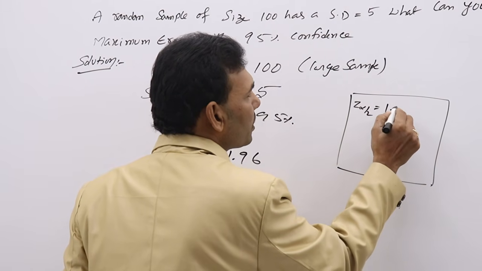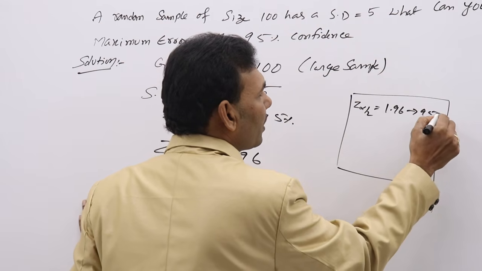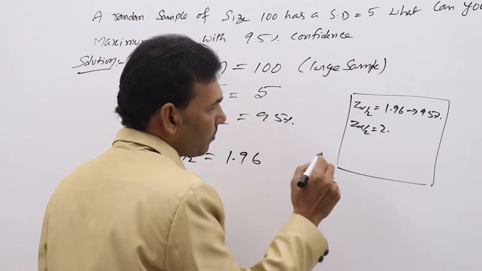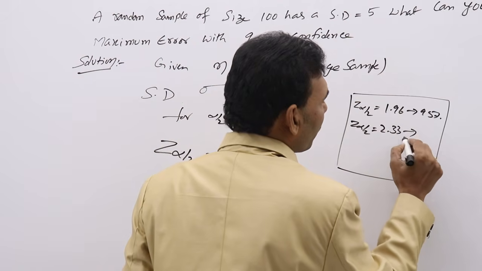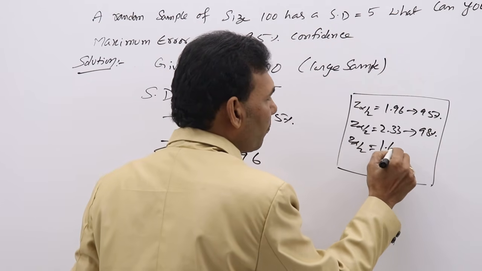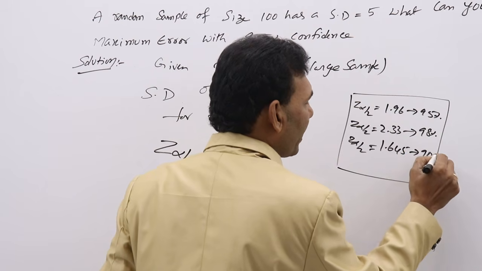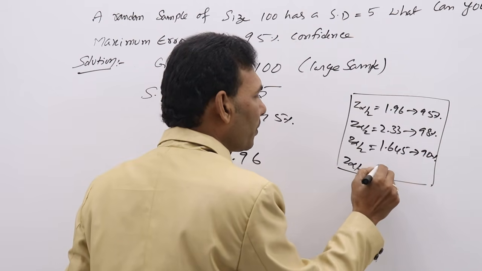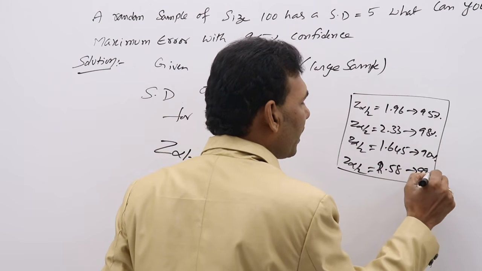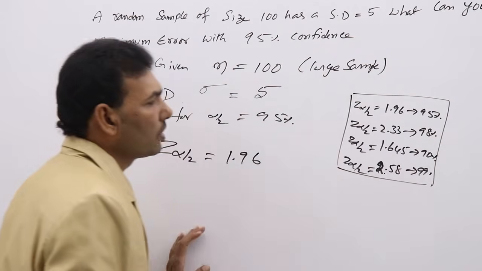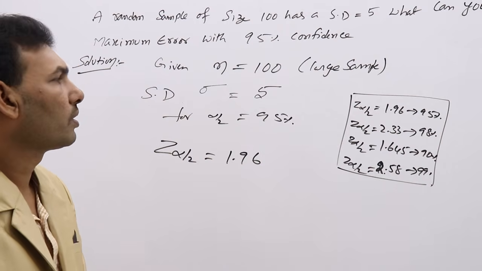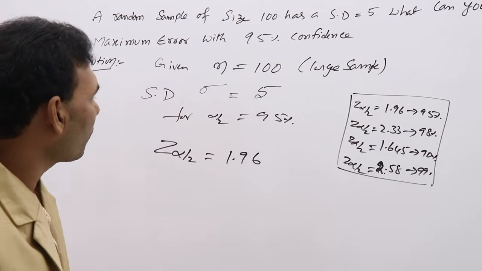Z alpha by 2 is 1.96 for 95%, 2.33 for 98%, 1.645 for 90%, and 2.58 for 99%. So for large samples, you need to remember these four values. Z alpha by 2, for 95%, 1.96.